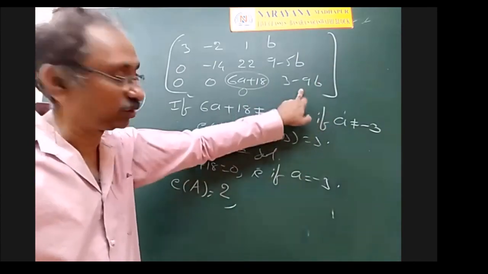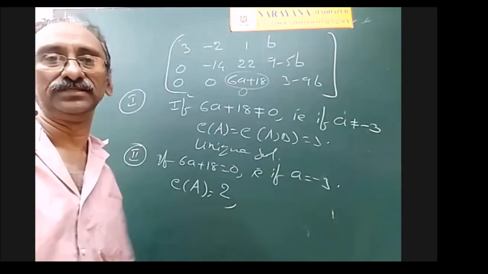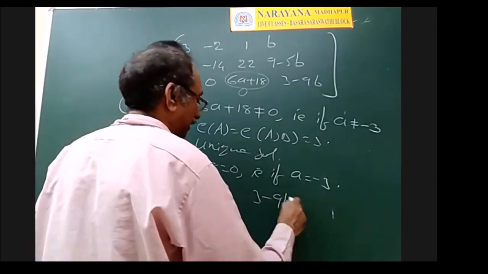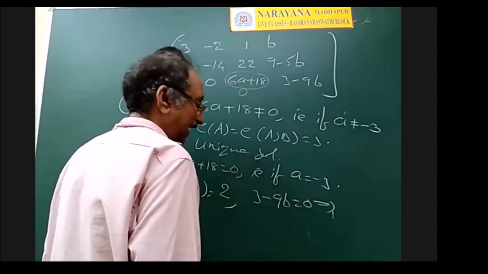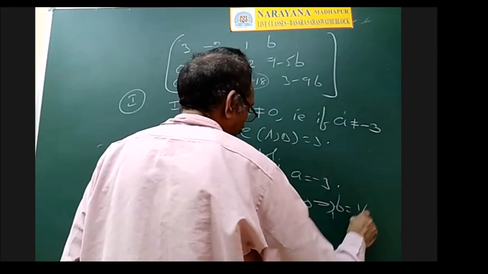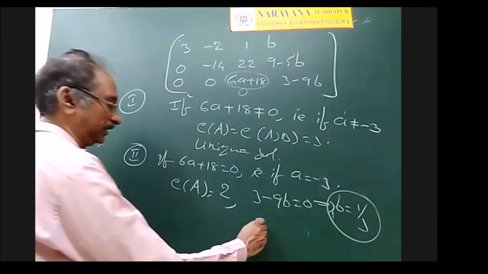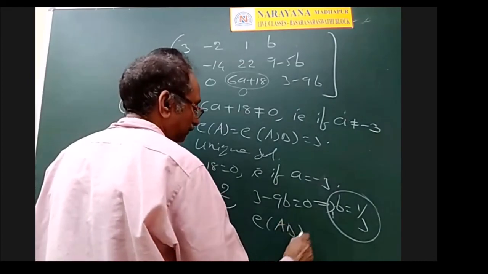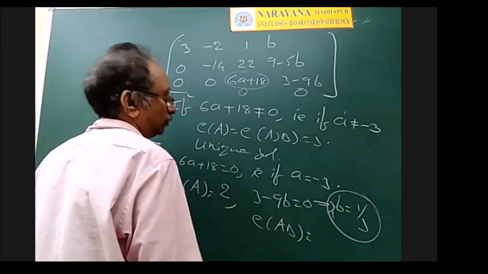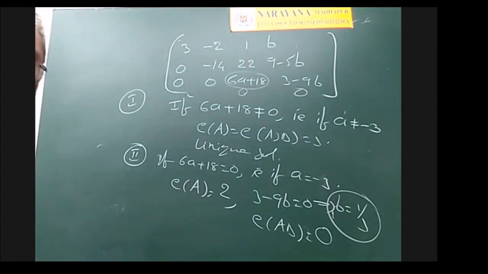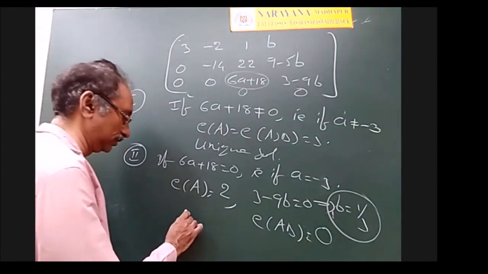If it is also 0, then rank of AB is also 2. So, if 3 minus 9B is equal to 0, 9B is equal to 3 or B is equal to 1 by 3. If B is equal to 1 by 3, this is 0, this is 0. So rank of AB is also 2. Rank of A is equal to rank of AB, less than number of variables.